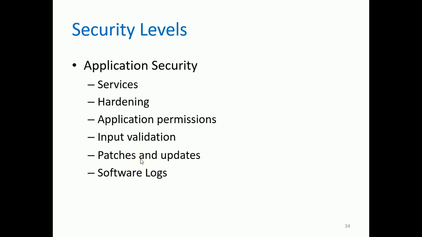And then we have application permissions: are you allowed to use the application? Then input validation: you must input the correct data for the application. To prevent errors and issues in software, it needs patches and updates. And of course software logs for auditing if there is an error in the application.